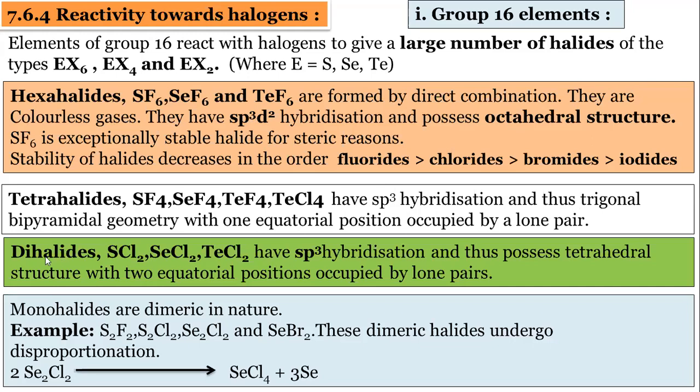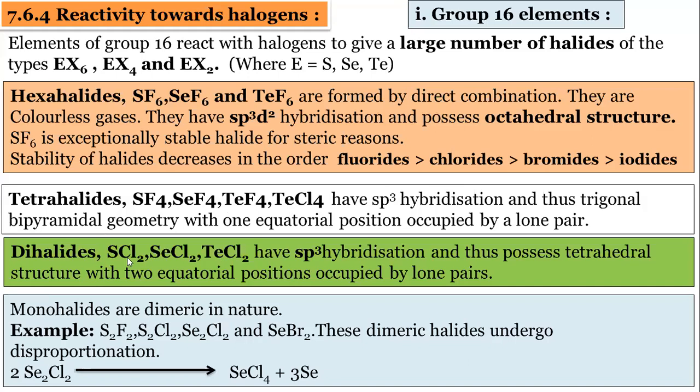Then I am coming to the dihalides, SCl2, SeCl2, TeCl2. These are the dihalides formed with group 16 elements. They have sp3 hybridization and possess a tetrahedral structure. These tetrahalides and dihalides have sp3 hybridization of sulfur, selenium, tellurium, such as TeF4 and TeCl4.